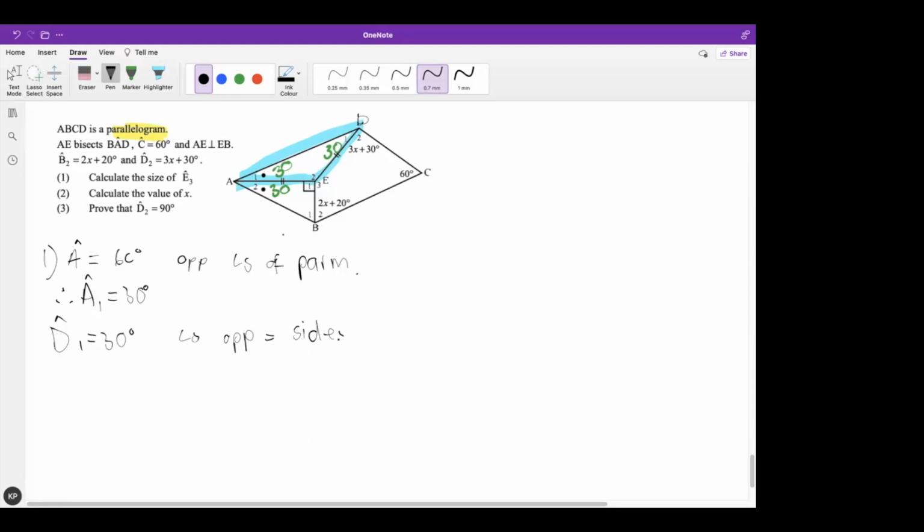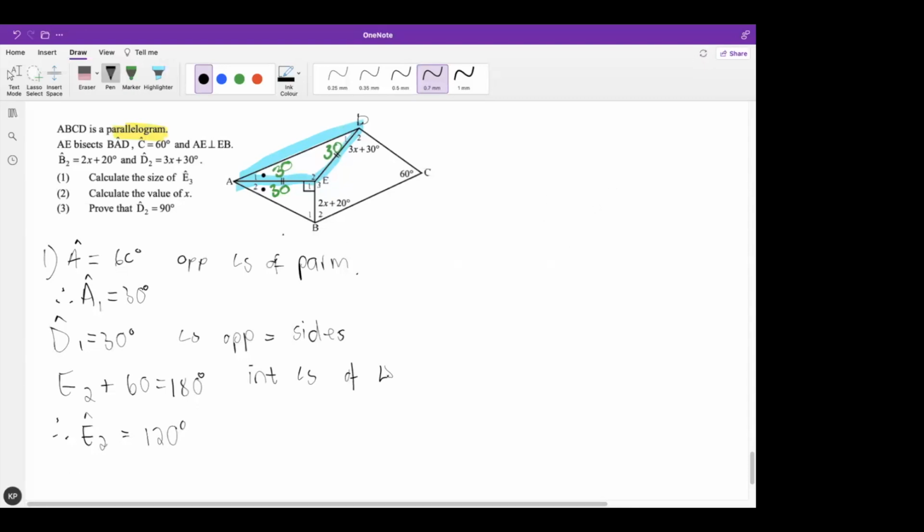I'm just writing down what we did. So then E2 plus the 60 equals 180 because it's interior angles of a triangle, right? Therefore, E2 is 120 degrees.